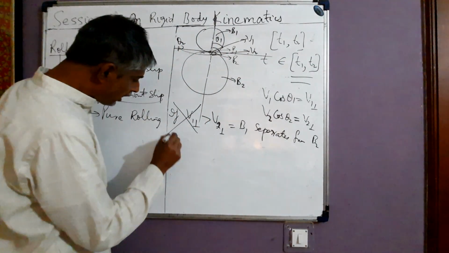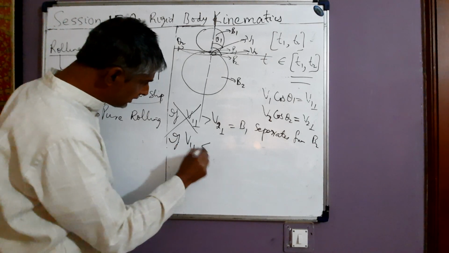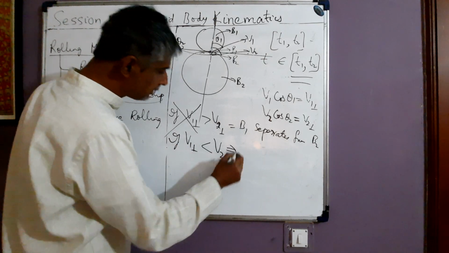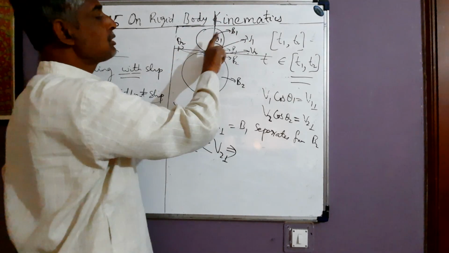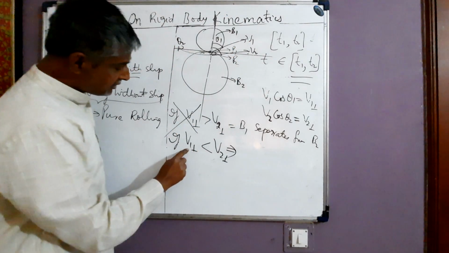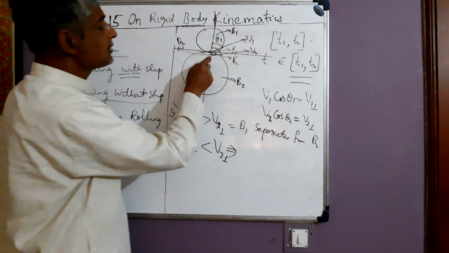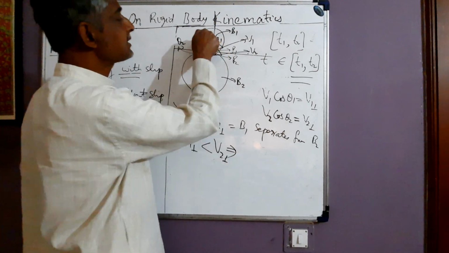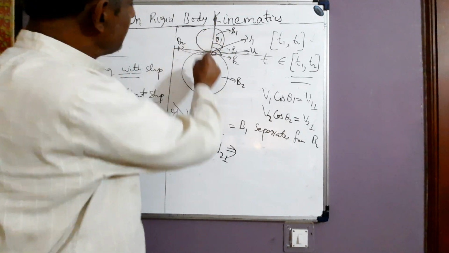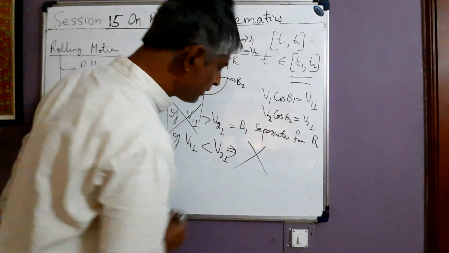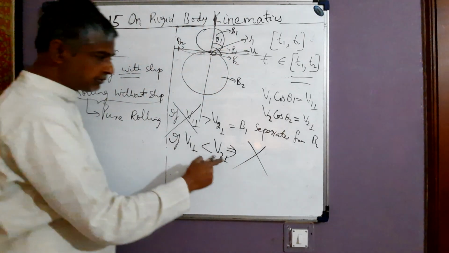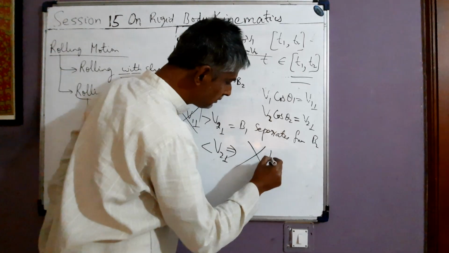So this cannot be a possible case. Now if V1 perpendicular is less than V2 perpendicular, what will happen? V2 perpendicular is in this direction. V1 perpendicular is also in this direction. If this is more than this, body B2 will pierce into body B1, that is, break and enter into body B1. But that is also not happening. So this also cannot be a possible case.